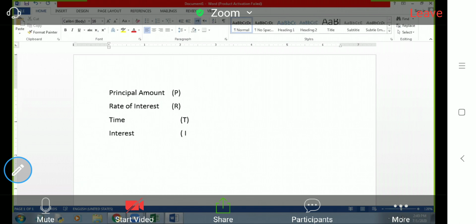We can write simple interest as I. So here are 4 values: principal amount P, rate of interest R, time T, and interest I.